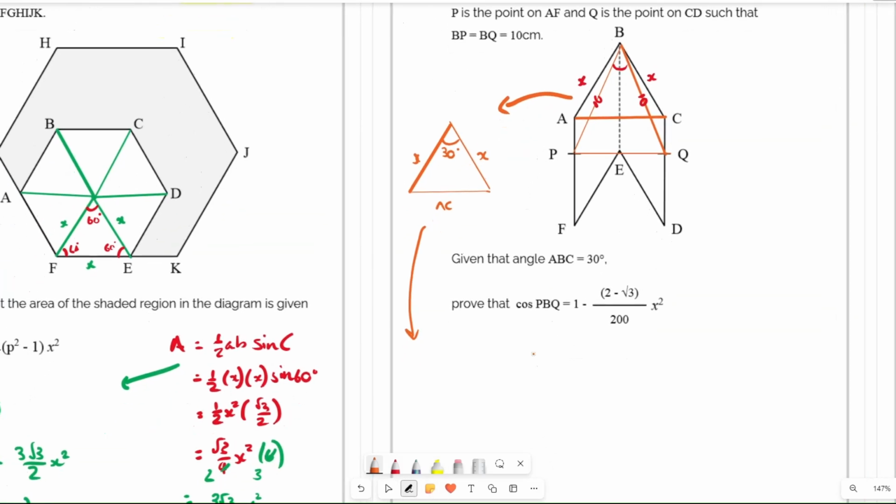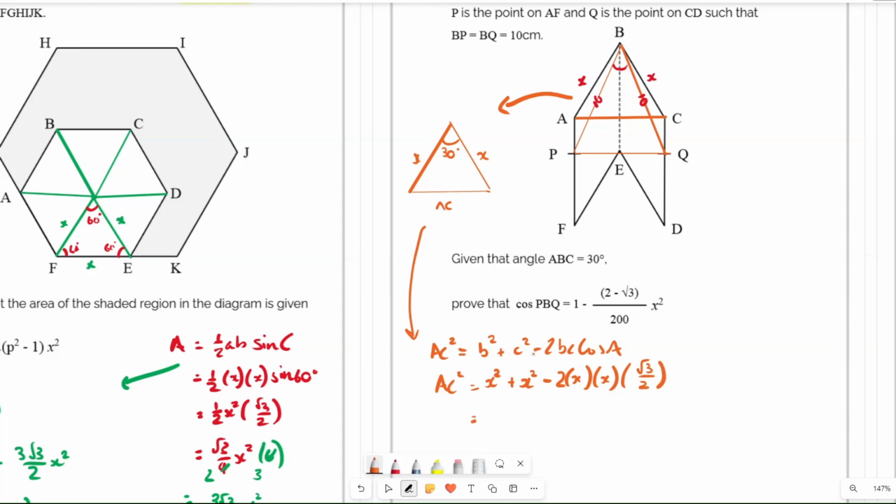So we can say that AC squared equals, I'm just going to use the proper formula, b squared plus c squared minus 2bc cos A, and let's substitute in our values. So we've got AC squared equals x squared, which is b, plus x squared, it doesn't matter which one because they're both identical, minus 2 lots of x, and then what is cos 30? That's going to be root 3 over 2, isn't it?